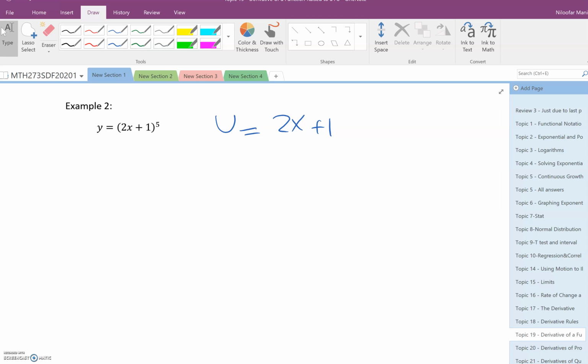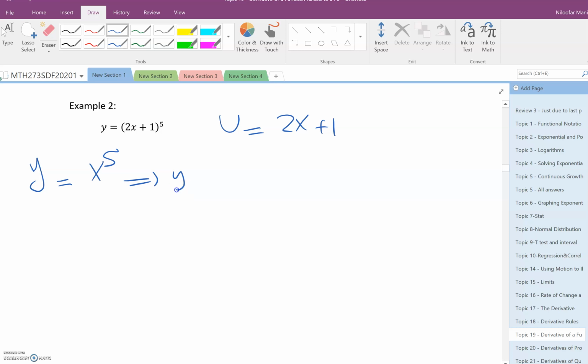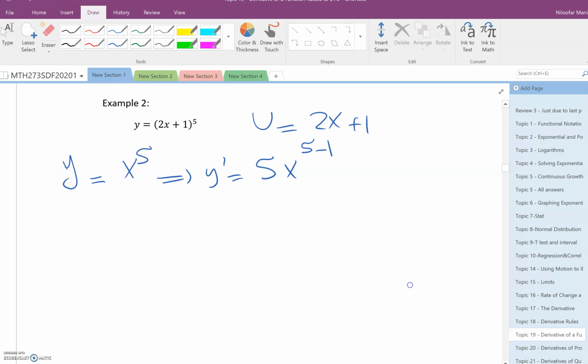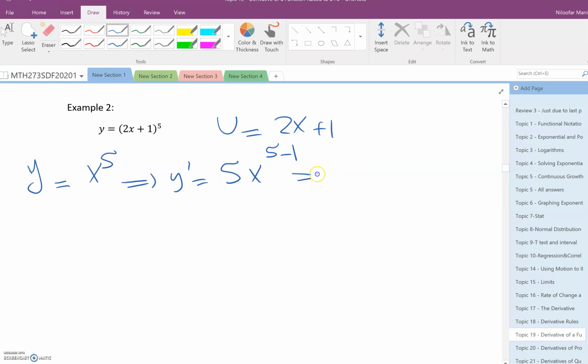Okay, so if I have y equal x power 5, y prime is 5x power 5 minus 1, which is 5x power 4, right? But I don't have that. I have y equal (2x plus 1) power 5. I have something else power 5. So I have to do the same thing.